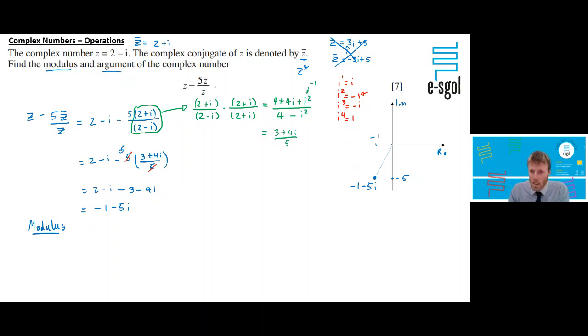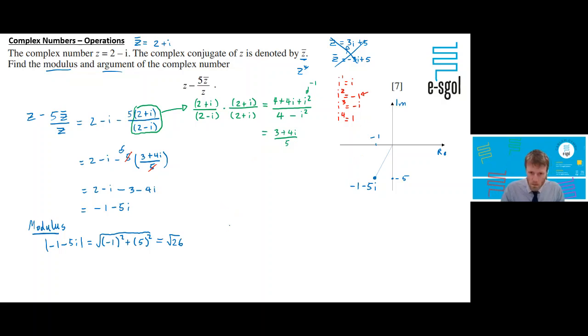Modulus is basically saying how long that line is. So the modulus of minus 1, minus 5i, we're going to take each number, square it, add them together, and then square root it. That's root 26. A surd would be acceptable here. So the length of that line is root 26.